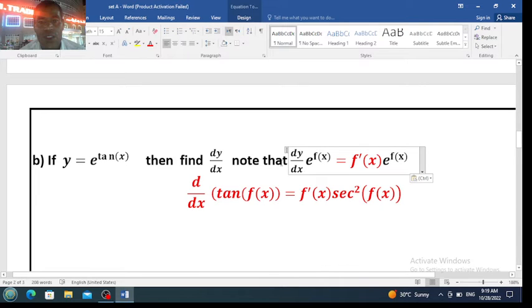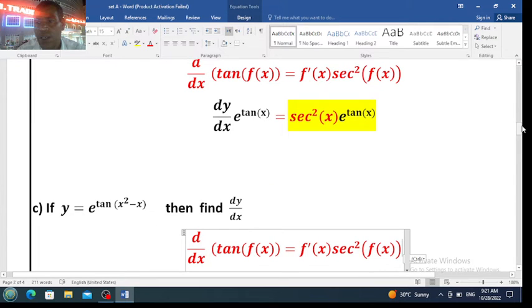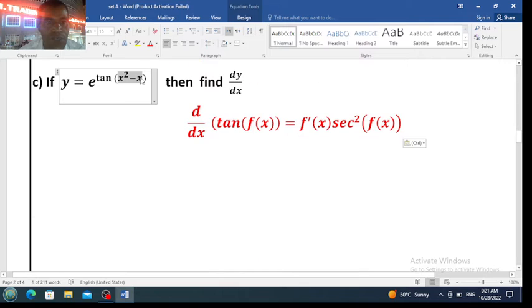Here, learners, we're told that the first derivative of tangent of x is f dash of x sec square of x. Therefore, the function of x now is x square minus x. The first derivative of this, I'll make copy first, then I will paste here.